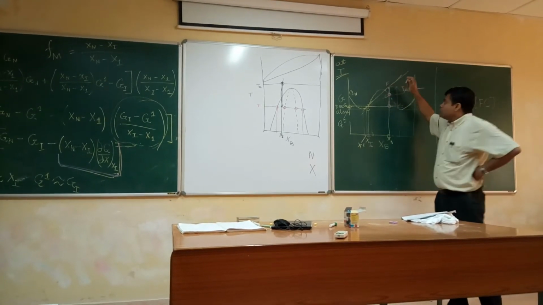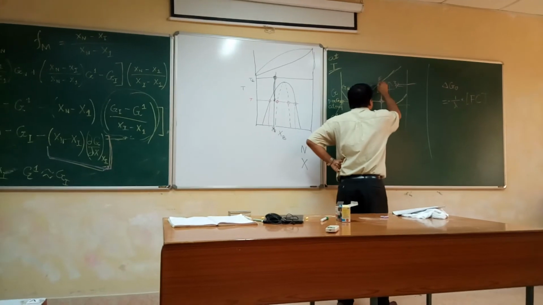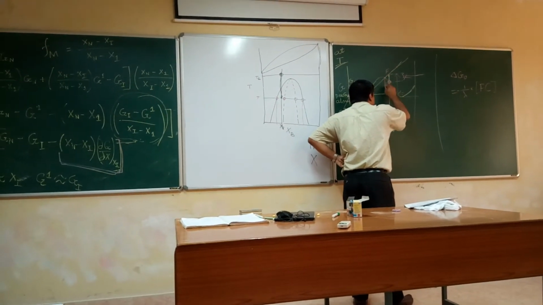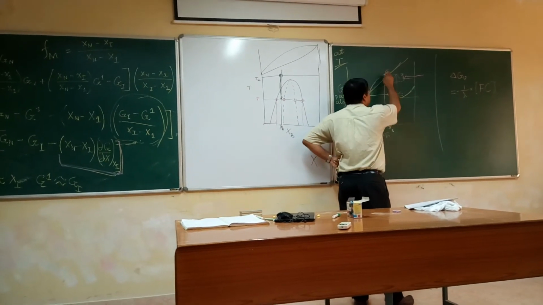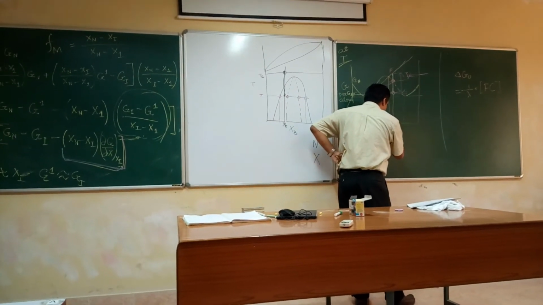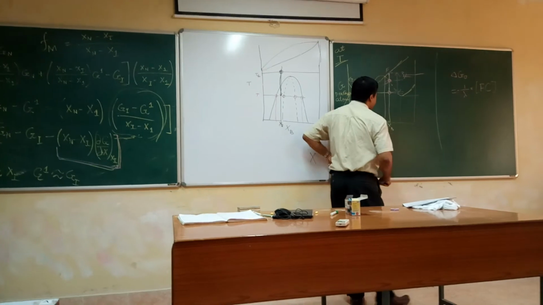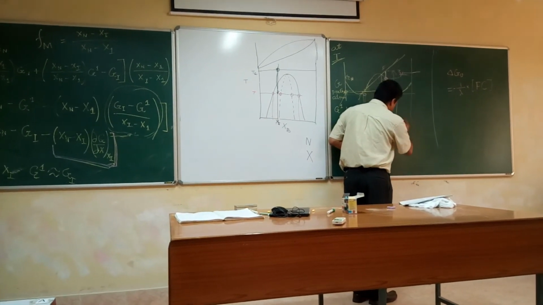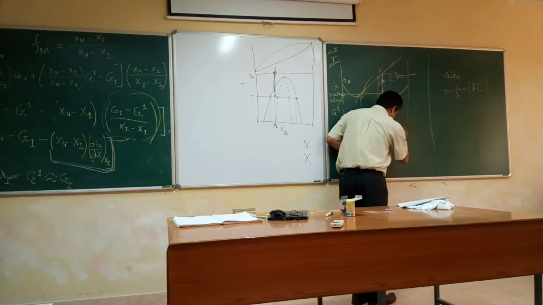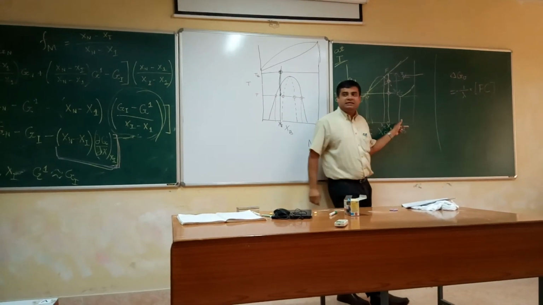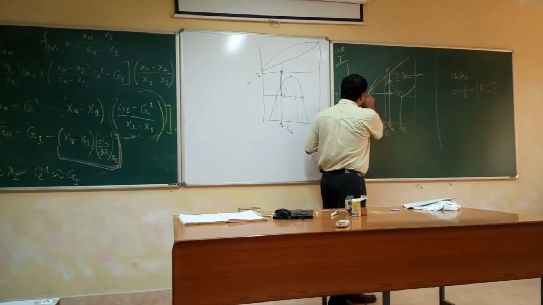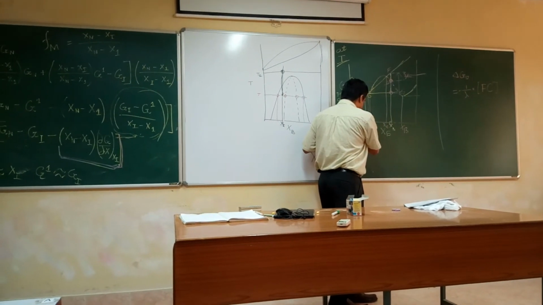Say this tangent is cutting the G versus X curve at a composition say XC, and say this equilibrium composition is X beta, and this equilibrium composition is X alpha.